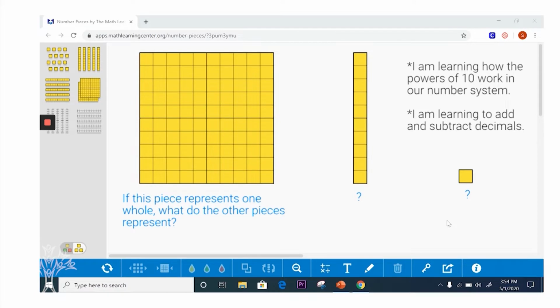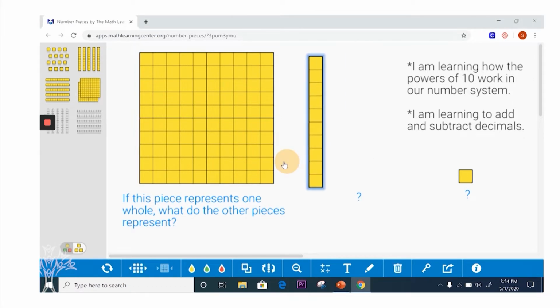So what'd you come up with? Let's take a closer look. We'll start here. This represents one whole. So what can we name this? Let's look.